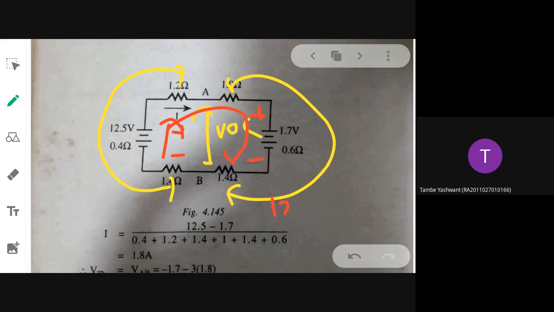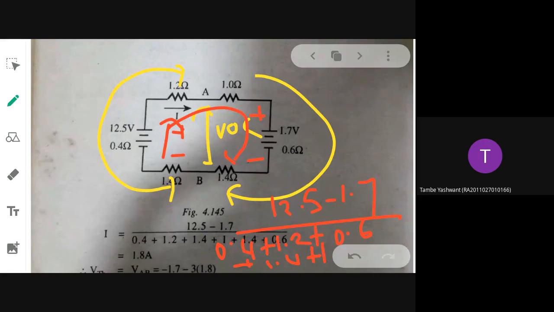So you will get 12.5 minus 1.7, divided by all the resistances, which are connected in series because you have removed the in-between terminal: 0.4 plus 1.2 plus 0.6 plus 1.4 plus the other resistance, 1, plus 1.